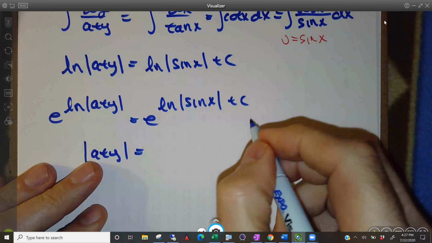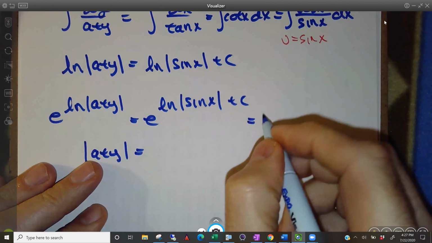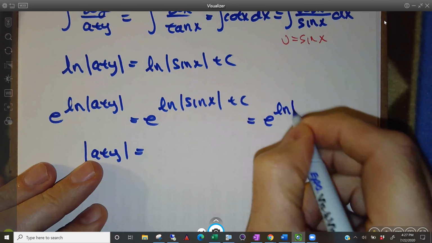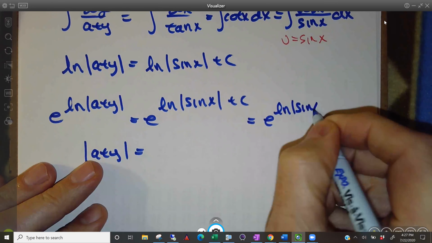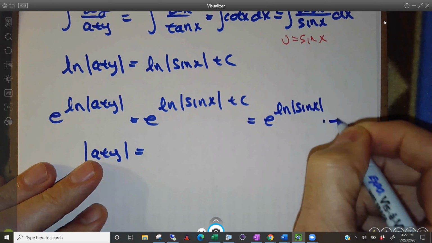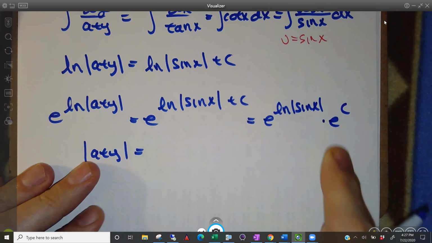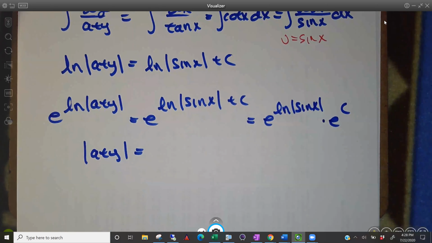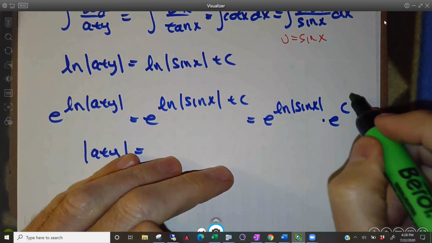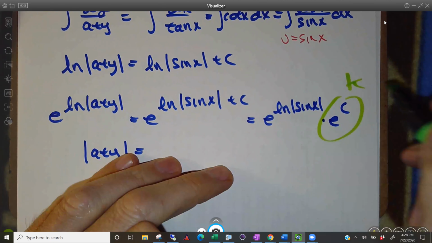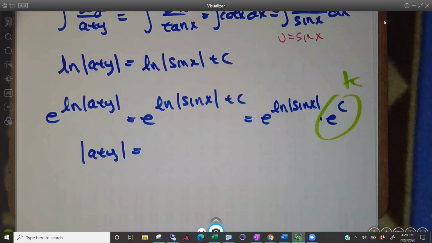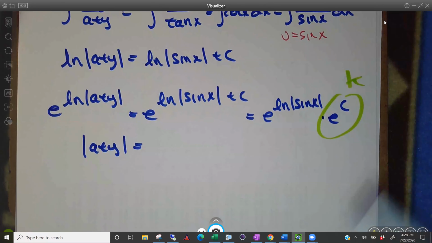On the right-hand side, I can think of this as e to the ln of the sine of x times e to the c. And out of pity for you guys, let me give that a different constant value. Let's just call that a k, even though you could call it c again if you'd like.